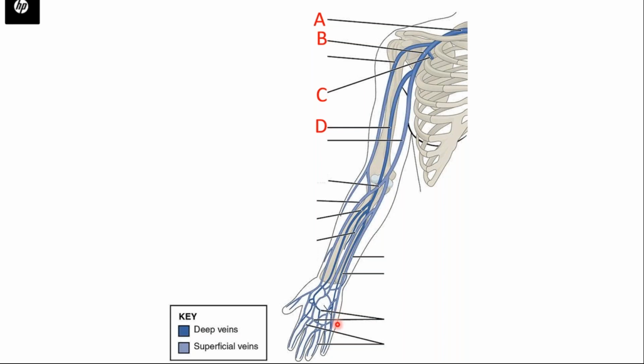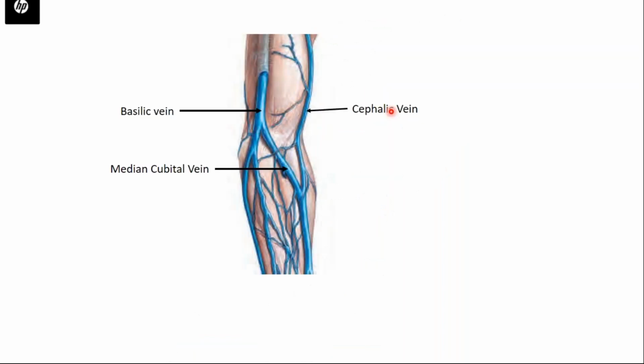There will be the palmar venous arch, radial and ulnar veins. This is the radial vein, the cephalic vein. So try to decode. All right, once again, the median cubital vein.